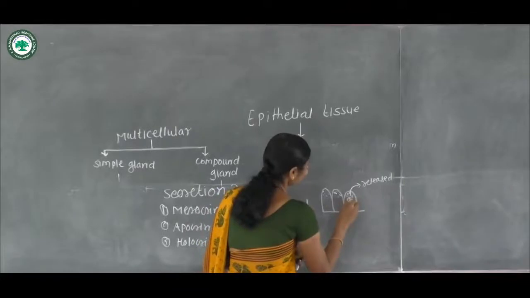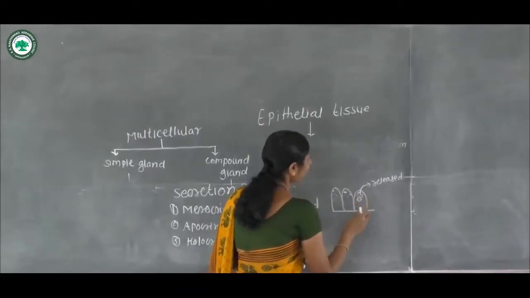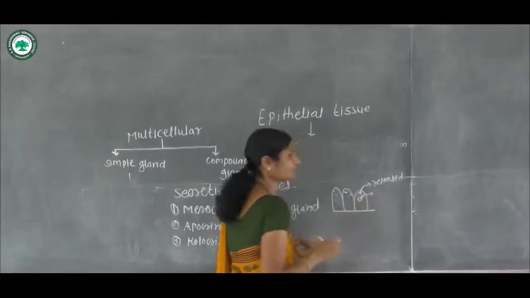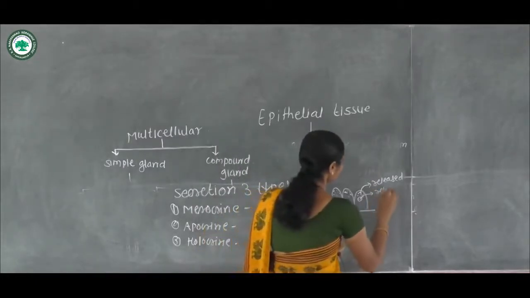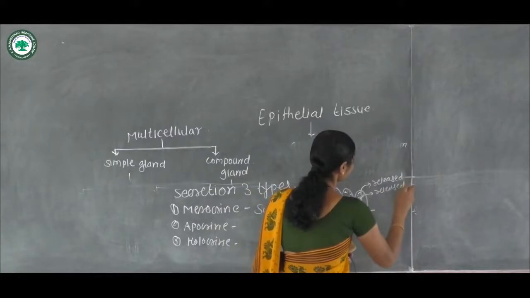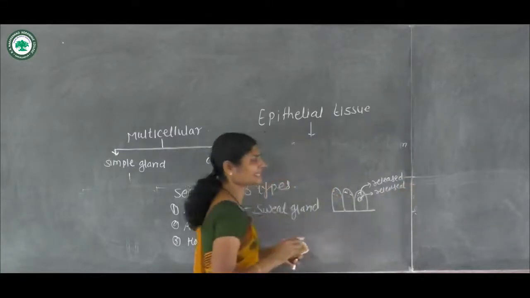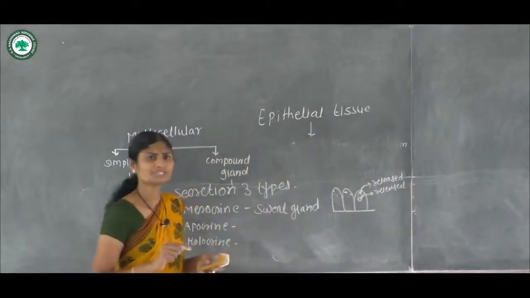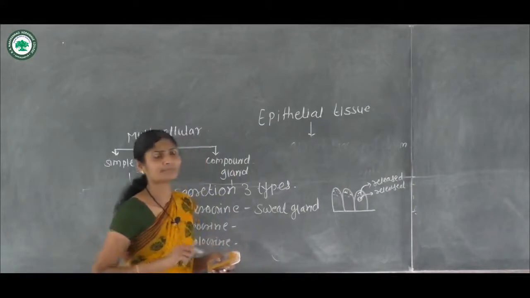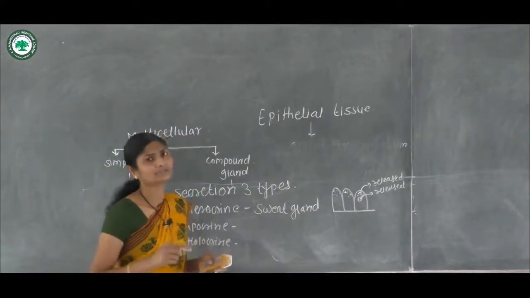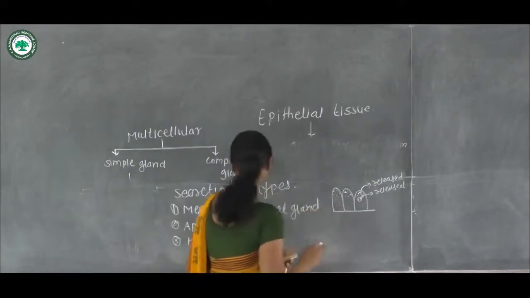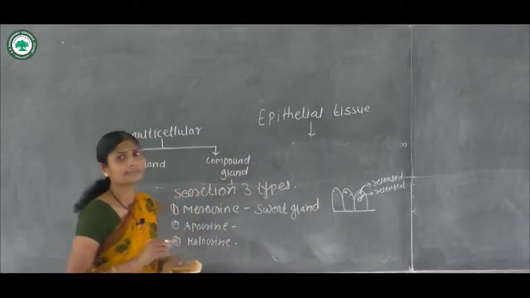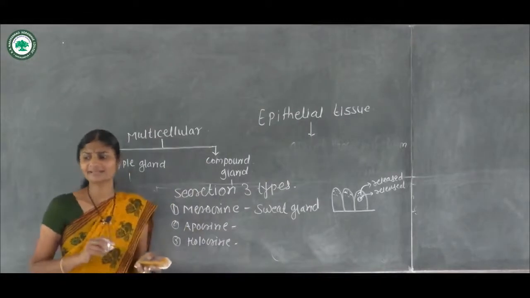Secretory vesicles are again produced, and they are released along with the secretion, with no change or loss of cytoplasm. This is called exocrine gland, present in sweat gland.